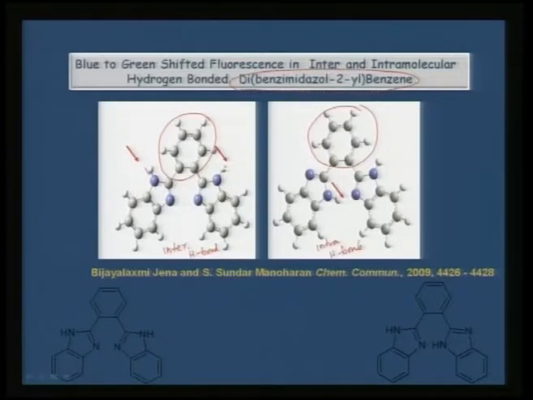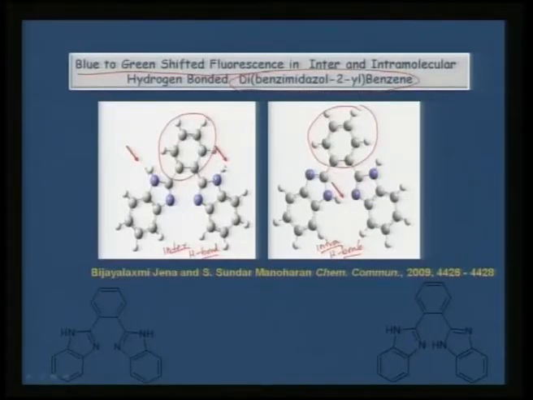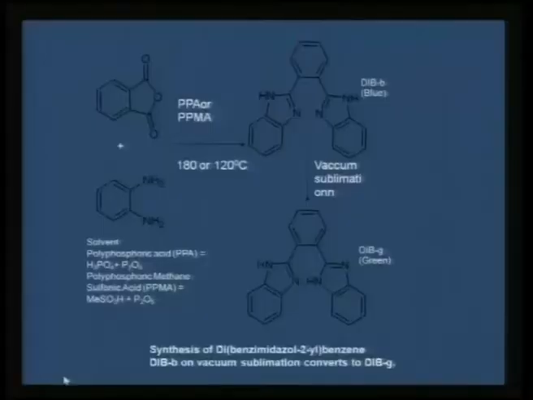Both are possible. In such cases you can expect different sorts of PL properties, and that is exactly what happens. There is a blue to green shifted fluorescence when you have inter or intramolecular hydrogen bonding, and I will show you a quick representation of how this happens.